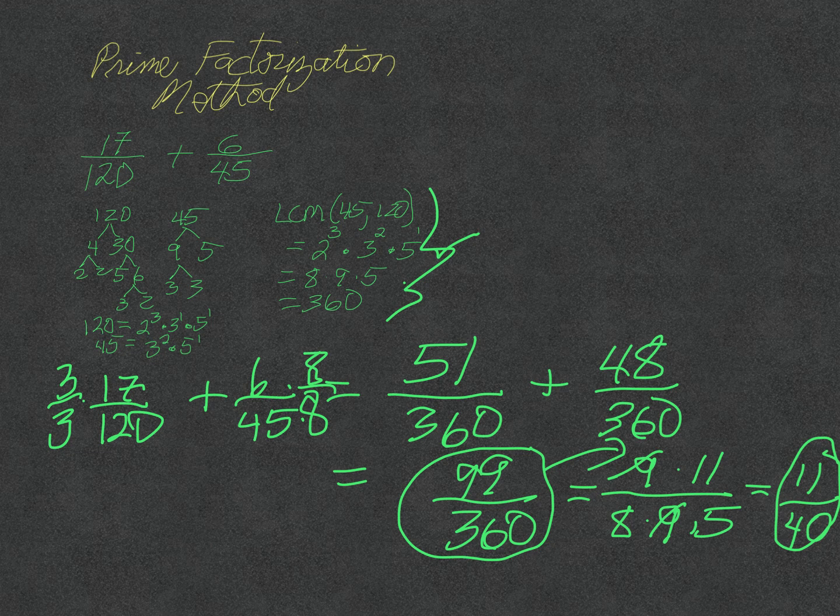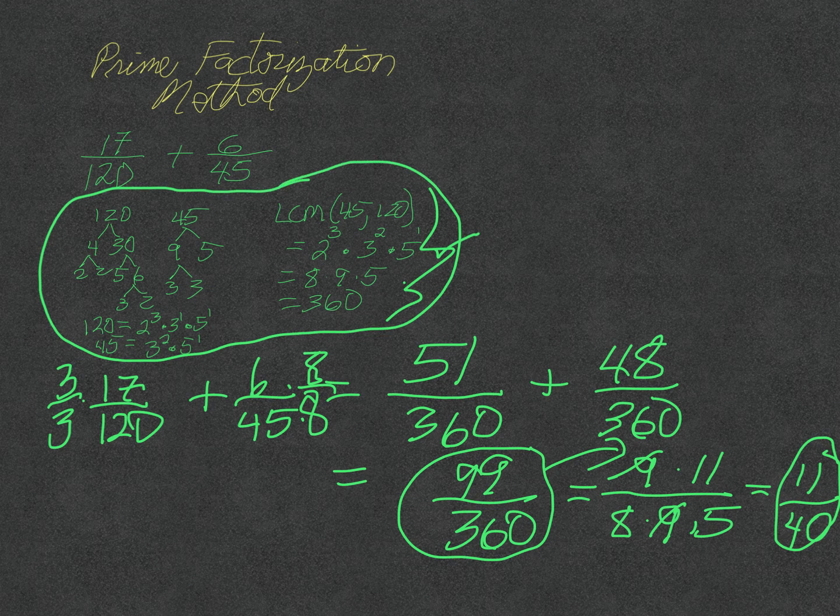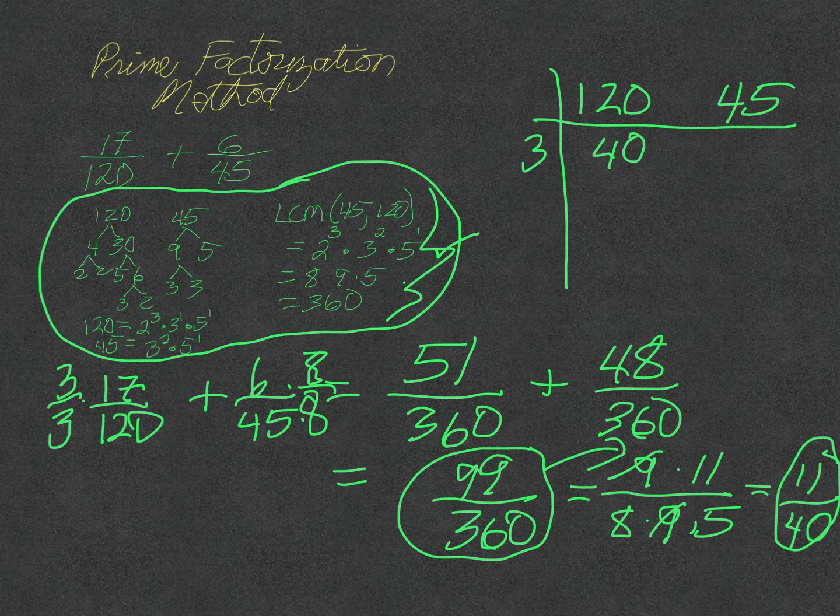Just so you know, this was the way I learned how to find least common multiples when I was in school. I have told you guys that our friendly students from Nepal and students I knew from India do it this way. They just look for prime factors that go into both numbers. 3 goes into both numbers, so I get 40 times 15. Then 5 goes into both numbers, so I get 8 times 3.